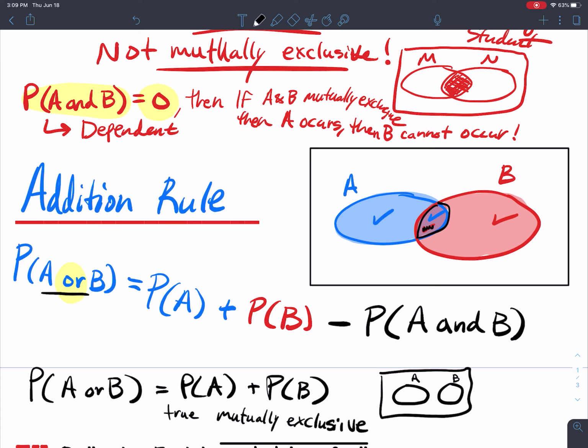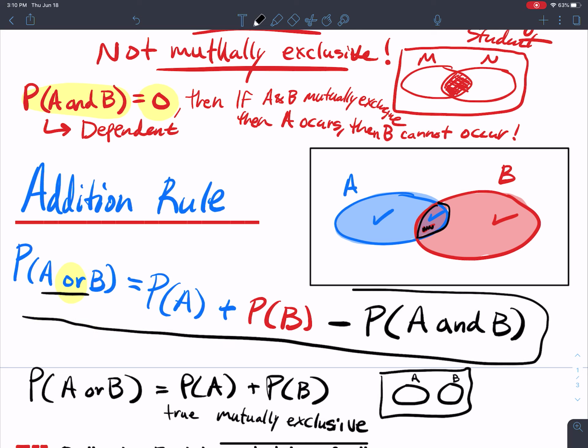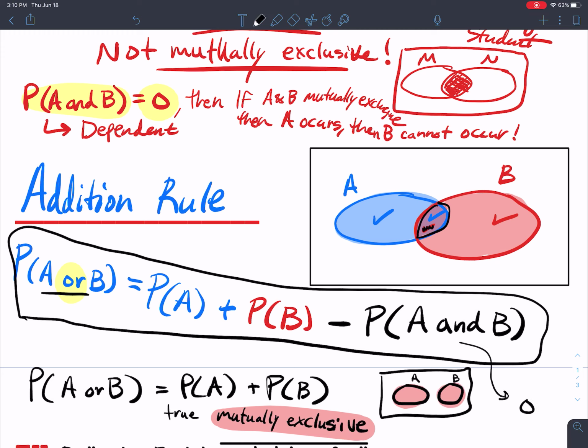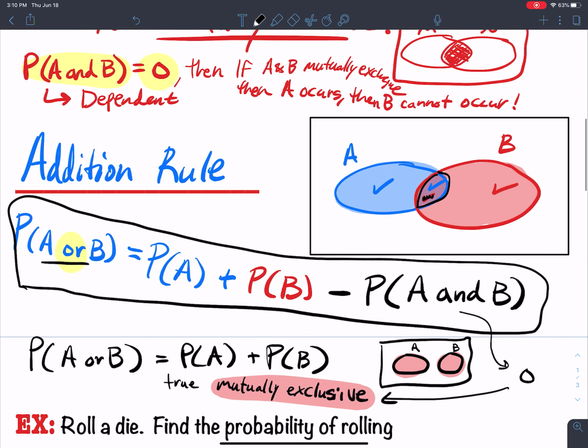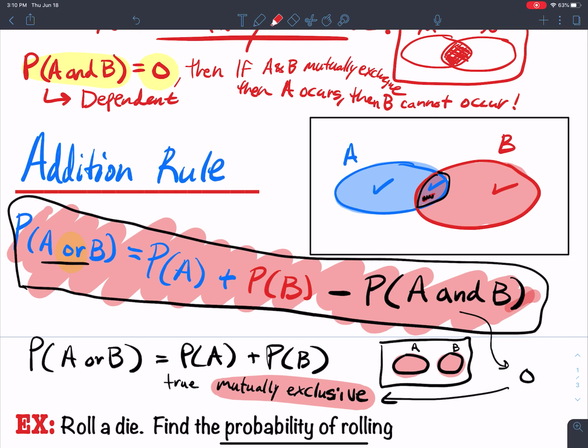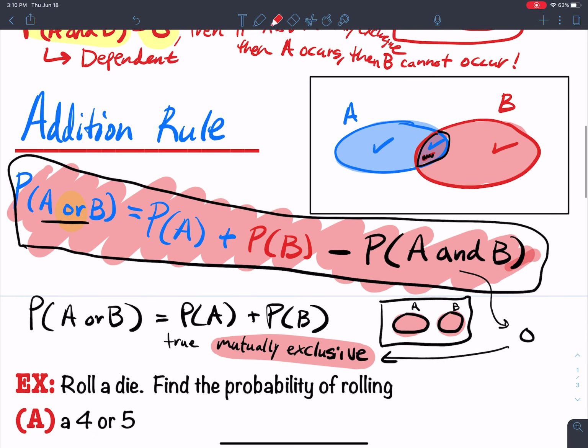It's not always mutually exclusive. So this rule always works. Why does this rule work? Say it was mutually exclusive. What's the overlap between A and B? That would just equal 0, and so that's where this part comes into play. This formula right here works no matter what. This is the formula I want you to stick with.